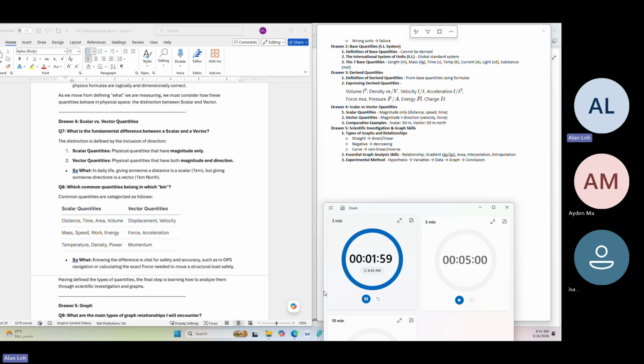Start now to increase from 3 to 4 for drawer 4. One more minute.